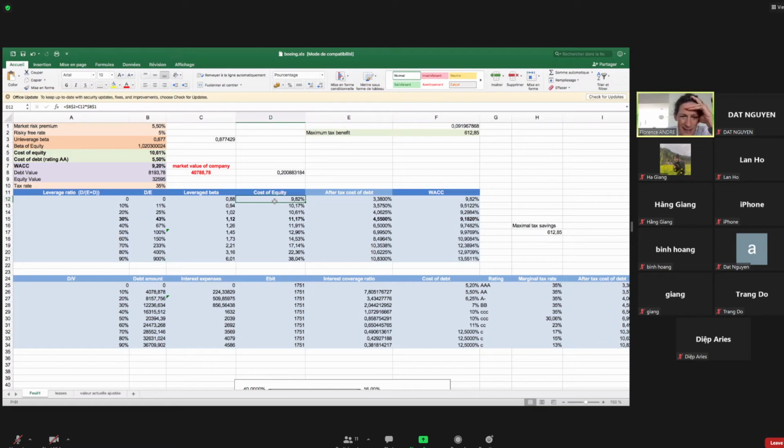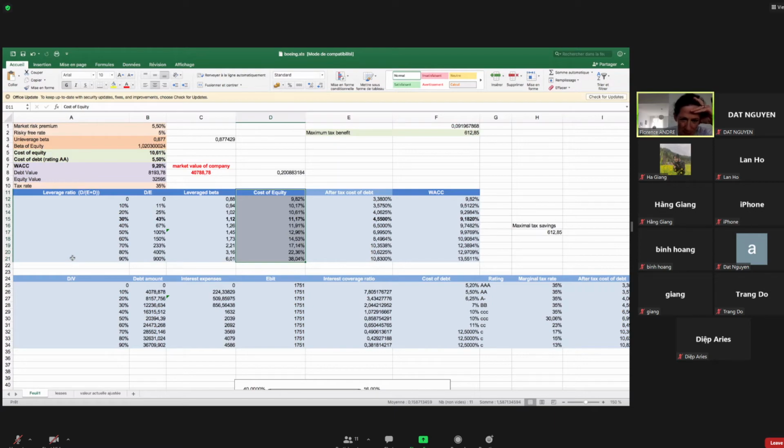You can see that when the leverage ratio increases, the beta of equity increases, and then the cost of equity increases because of the increase of the risk for shareholders. So it's normal, and we don't have any problems calculating the cost of equity when we change the leverage ratio.